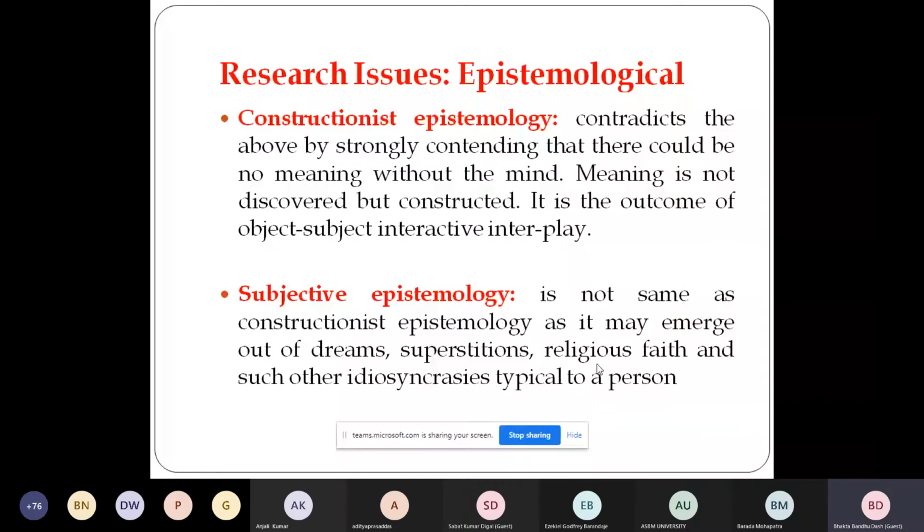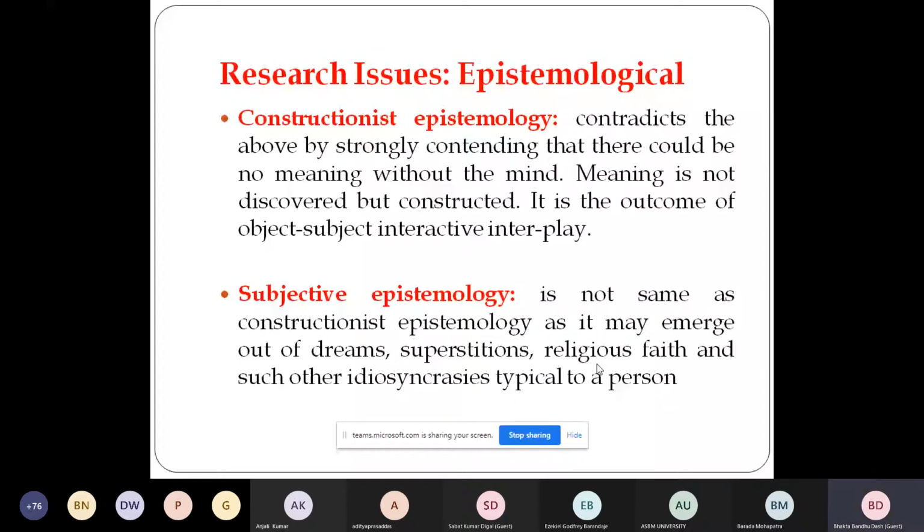Your divergent thinking, your analysis, your way of thought tells how beautifully you analyze and how beautifully you construct the concept. That is basically your constructive epistemology. It is the outcome of the interplay of object and subject.